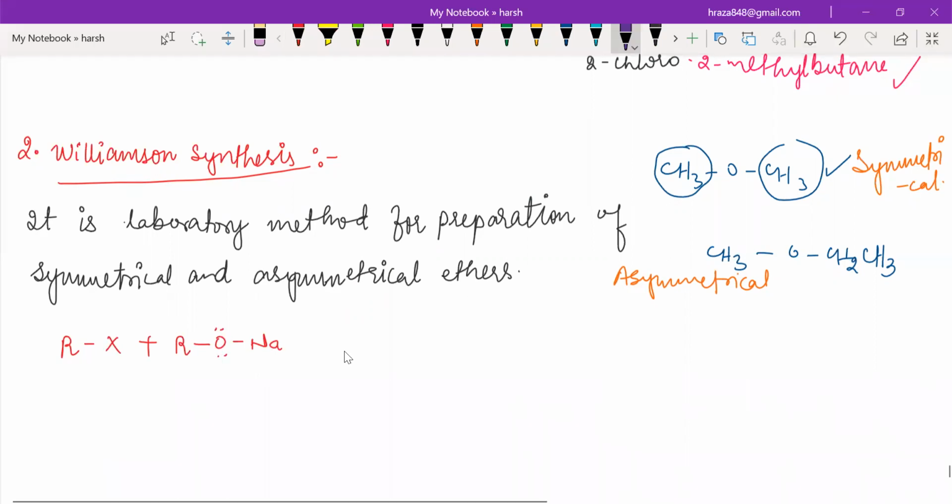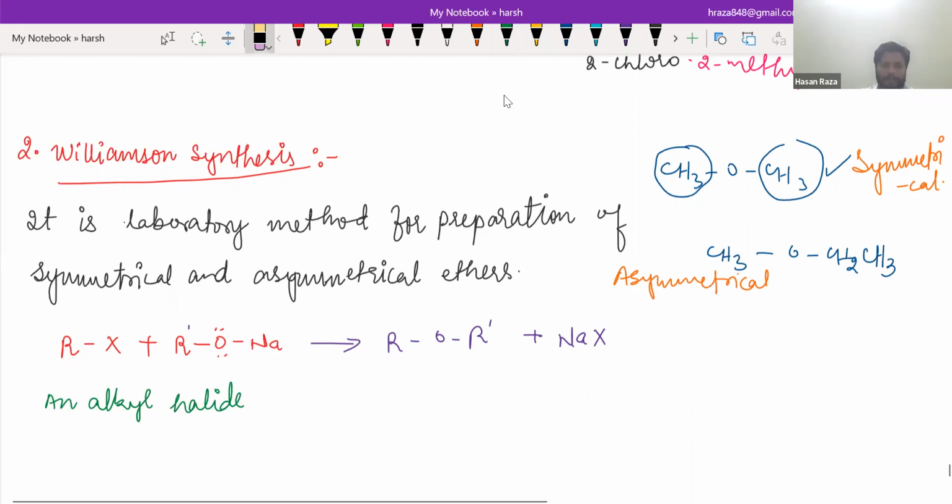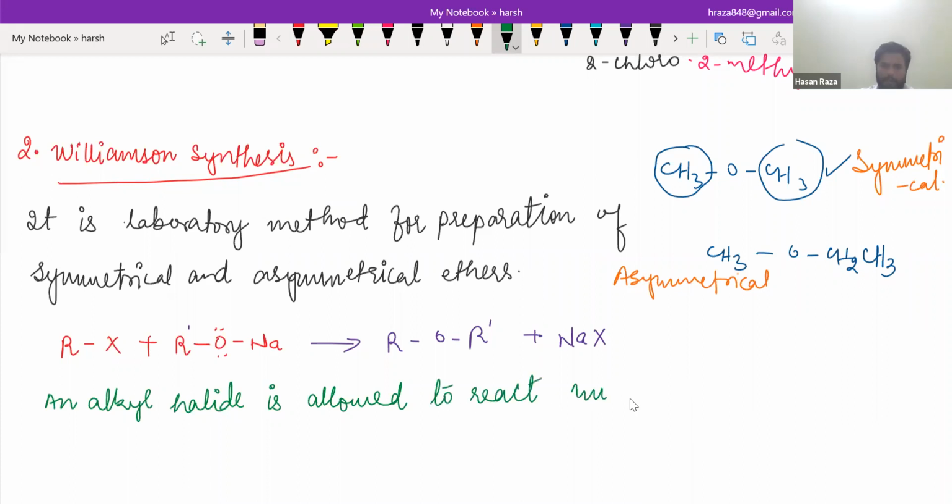What will form here is very important: ROR', where I take this as R', along with the byproduct salt, NaX. So an alkyl halide is allowed to react with sodium alkoxide, and you will get your product. Please write it.